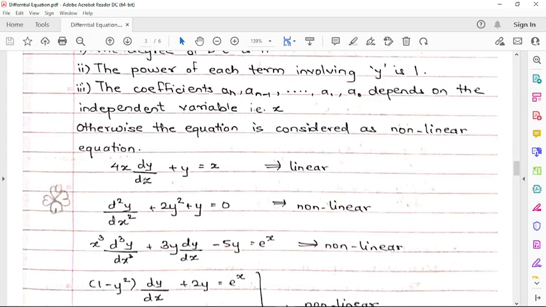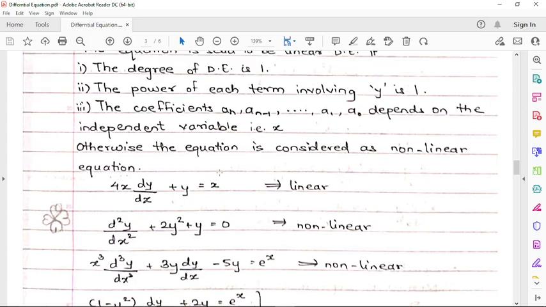Okay, so let us go for a few examples. 4x dy by dx plus y is equal to x. Is this equation linear or not? Let us apply the conditions. The degree of the differential equation is 1. Yes, the degree is 1, right? The order is 1, therefore the degree is also 1. Then, the power of each term involving y is 1.